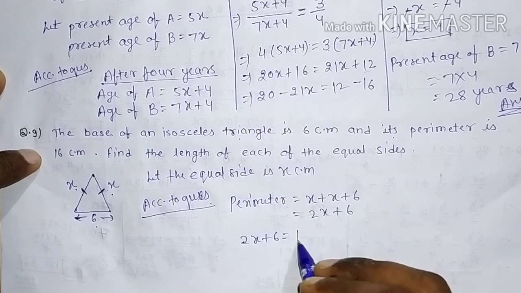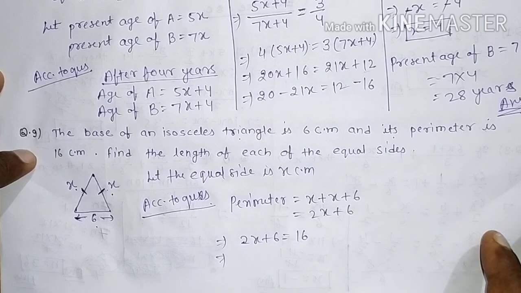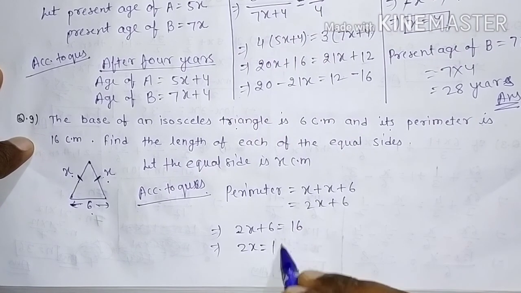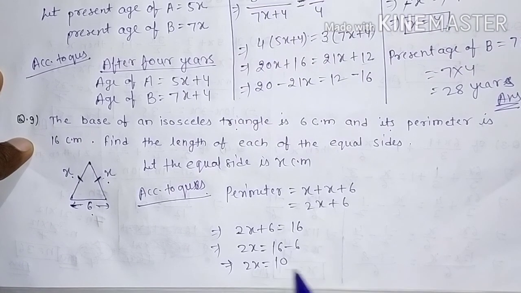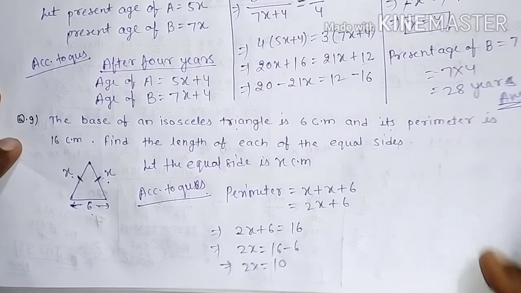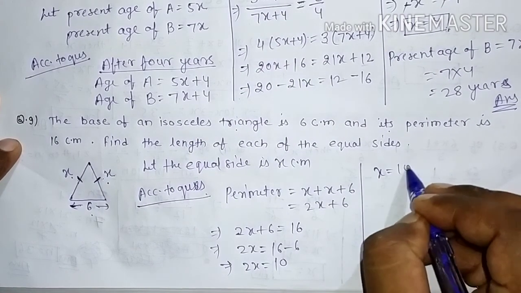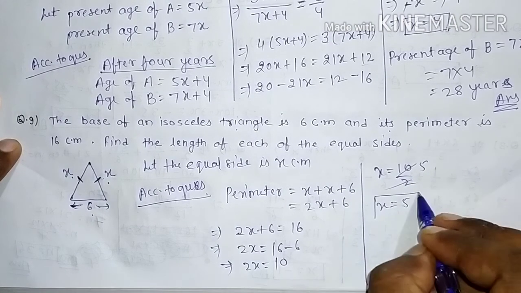So just simplify it. 2x equals 16 minus 6. So 2x equals 10. Now x equals 10 upon 2, that is 2 fives are 10. So x equals 5 here.